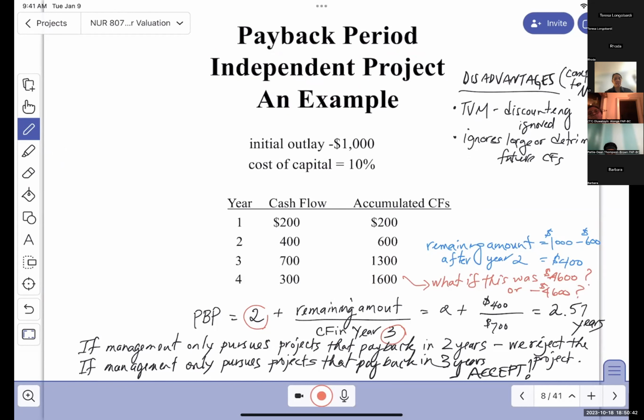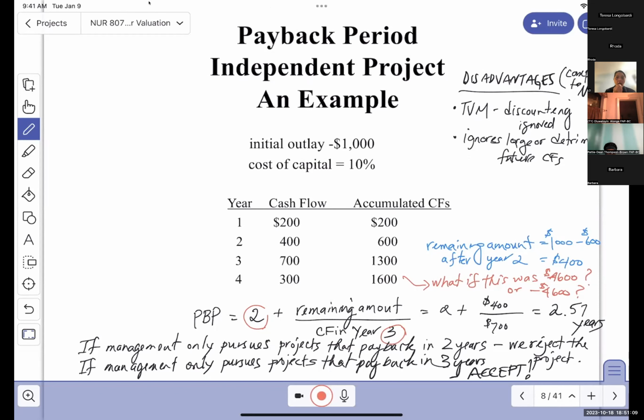So those are the two main problems. And inside of this also, the problem is that, like I've mentioned, the decision of management is pretty arbitrary. It's not like, NPV greater than 0, go for the project, right? Sometimes management will say anything that takes more than 2 years, we're not going to pursue. Anything that takes more than 3 years, we're not going to pursue.